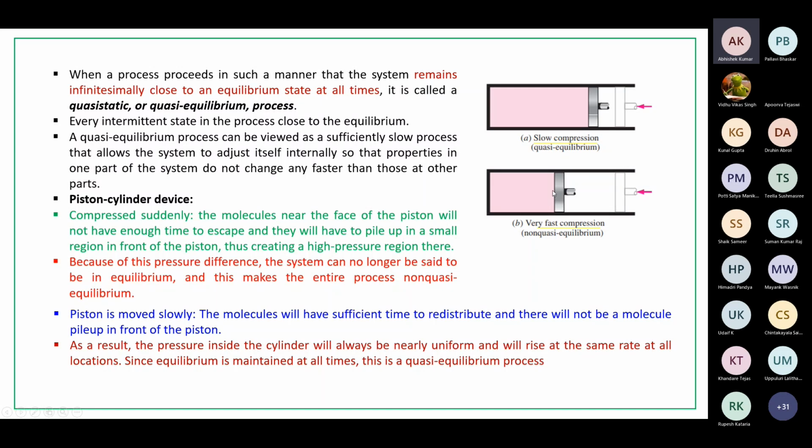Means the pressure wave is like this. When you are compressing slowly, then what is happening? The communication between the molecules is very good, and almost equal pressure gradient exists over here. That is the difference between these two.